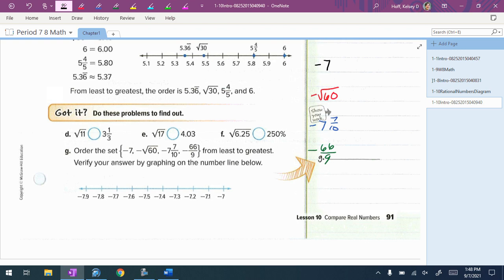This always throws people for a loop. How do you write -7 as a decimal? -7. Technically, the decimal is afterwards, and then really what numbers are after that? Zeros, technically. Very good. Negative square root of 60 would be -7 point.